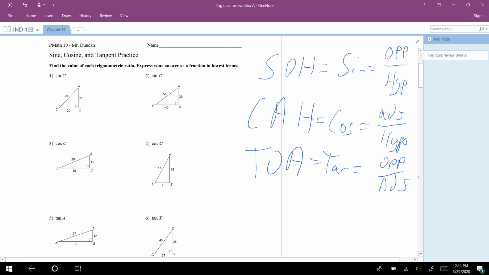So we're going to live in this world today with these functions. SOH is sine equals opposite over hypotenuse, CAH is cosine equals adjacent over hypotenuse, and TOA is tangent equals opposite over adjacent. At this point, you should pause the video and write this down. You're going to refer to this a lot.